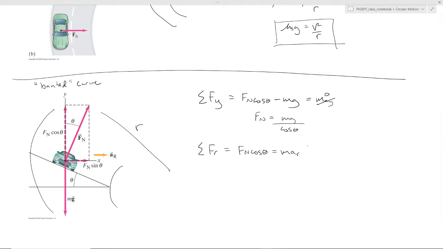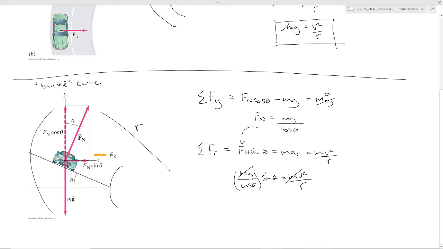And we know, of course, that this is mv squared over r. So we can substitute this in for the normal force. Oh, wait a second, sorry, this is sine theta, our r component. And notice it doesn't depend on the mass.